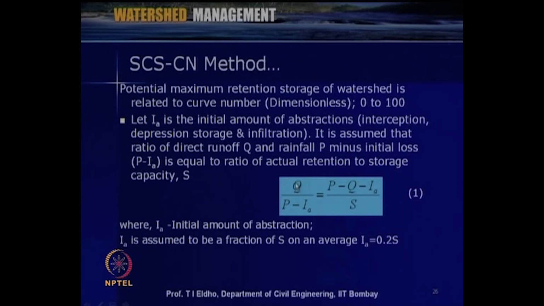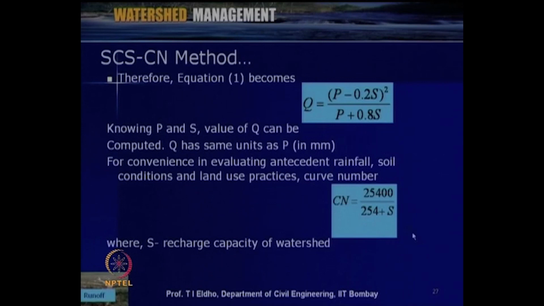So, we can write Q by P minus IA is equal to P minus Q minus IA divided by S, where IA is the initial abstraction. Generally IA is assumed to be a fraction of the storage S, generally taken as IA is equal to 0.2 S.